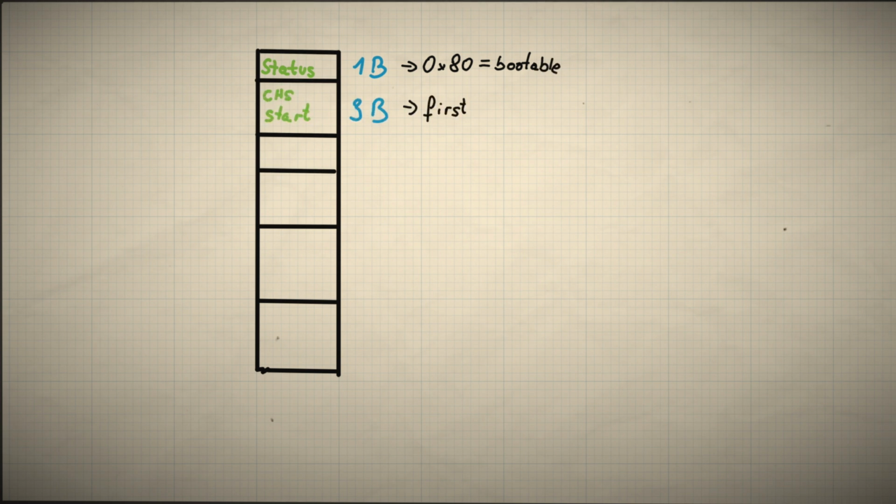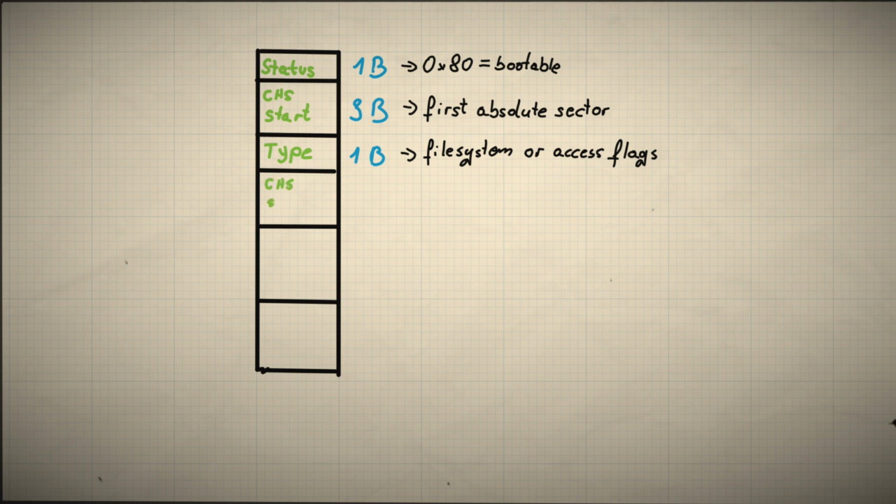This field is followed by the CHS address of the first absolute sector of the partition, which is an old way of describing data start and data end encoded based on the physical hard drive layout. That field is followed by the partition type, which may describe how to read data from the partition. The next field contains the CHS address of the last sector of that partition.